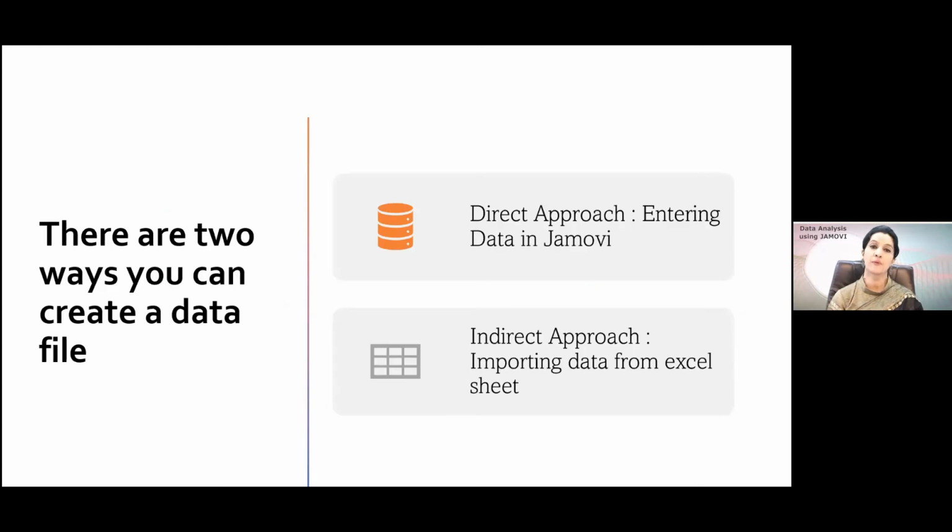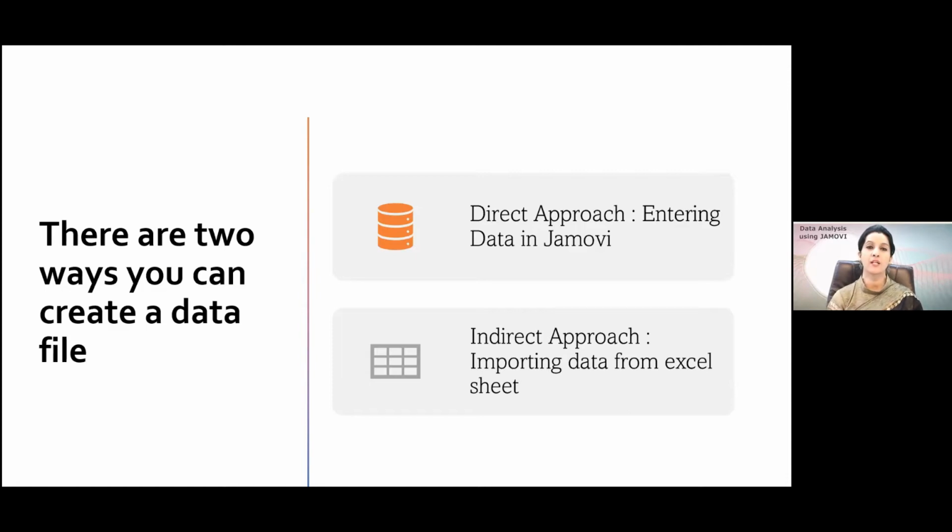There are two approaches which you can adopt when you have to enter the data. Either you can directly enter the data in Jamovi, or you can import it through Excel. The recommended approach is that you enter your data either in a Google Sheet or in an Excel spreadsheet.